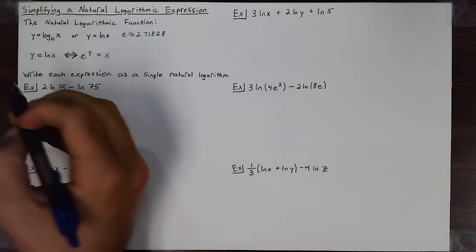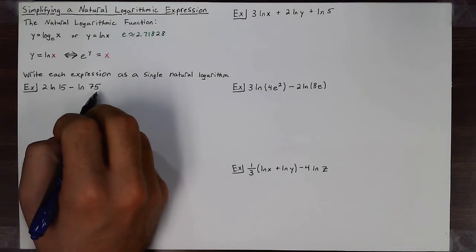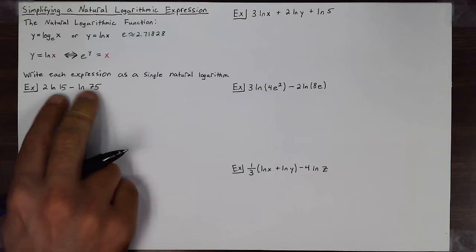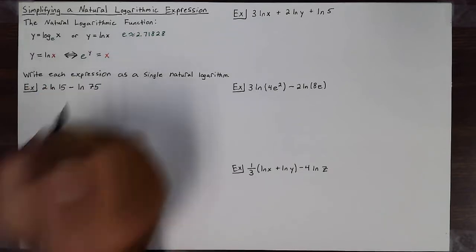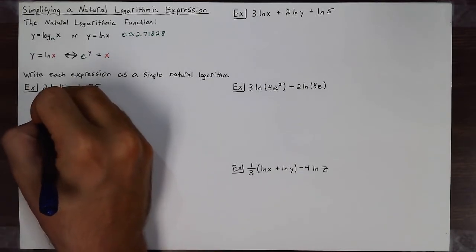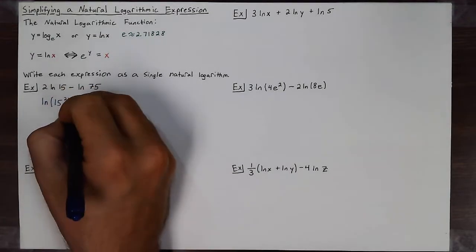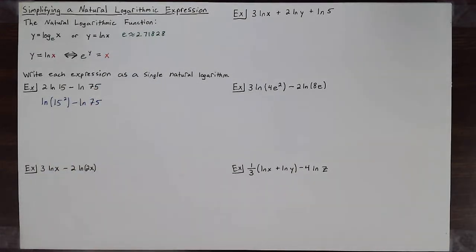As a first example, we have 2 natural log of 15 minus the natural log of 75. So they're being subtracted, and I want to combine them by using division within the log, but there's still a coefficient in front of my natural log. So I need to move that within the natural log first. So I'll have natural log of 15 squared minus the natural log of 75. Now, 15 squared is 225.